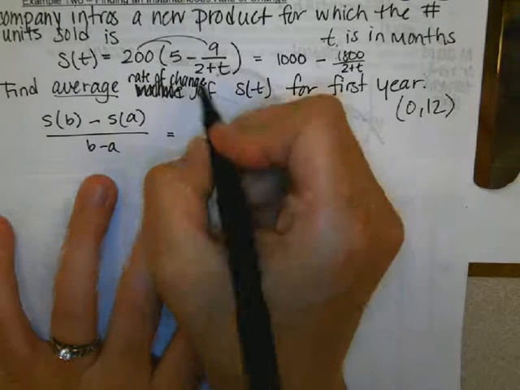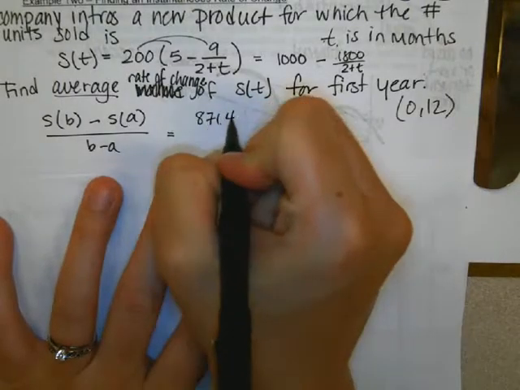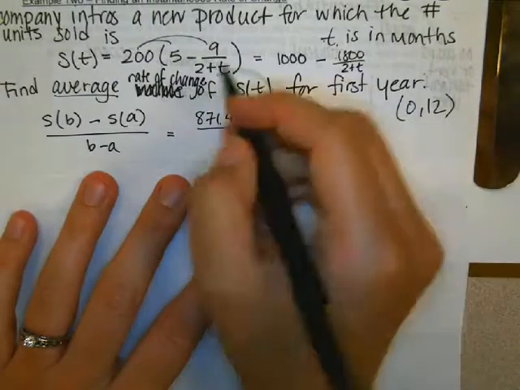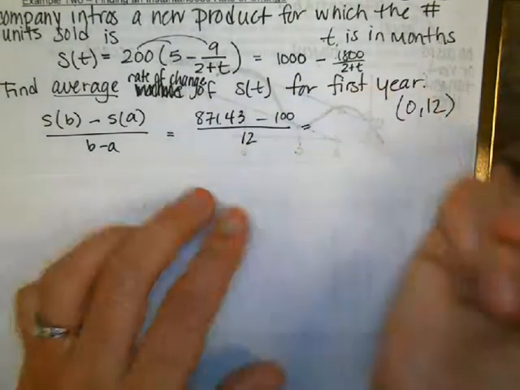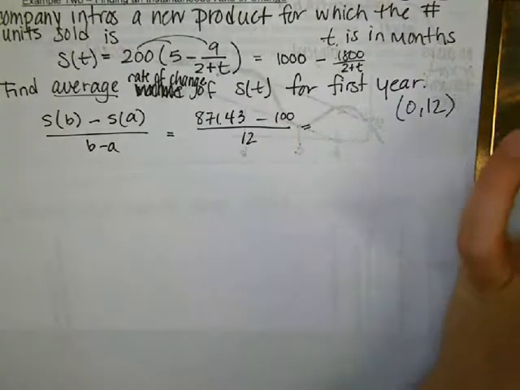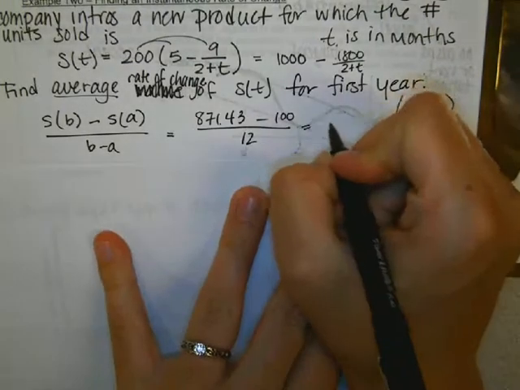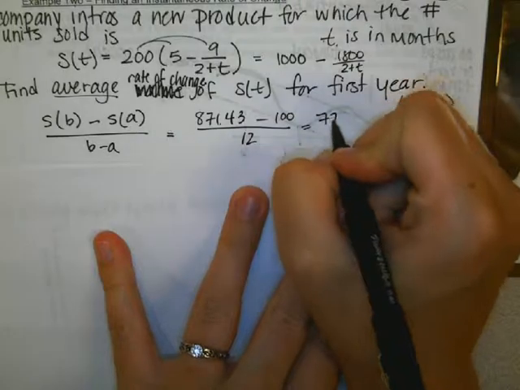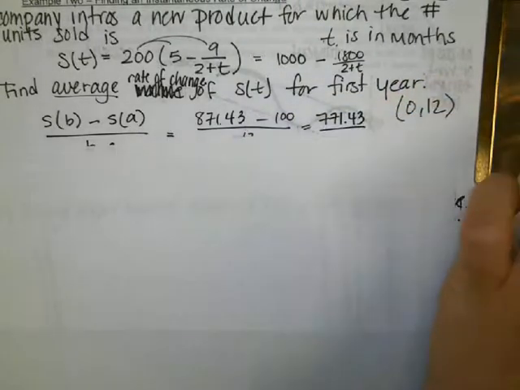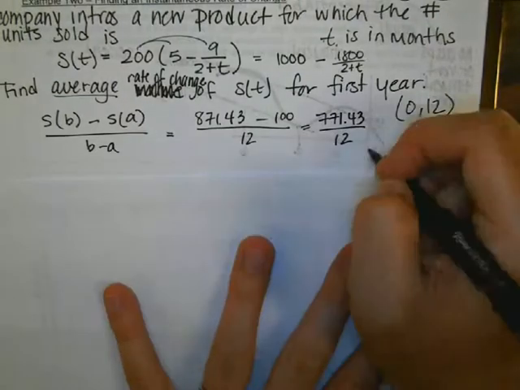So we have 871.43 minus 100 all over 12 minus 0, or 12. So if I subtract 100 from that and divide by 12, I get 64.286.